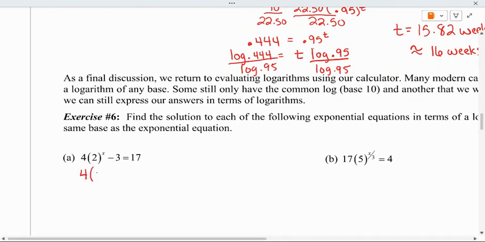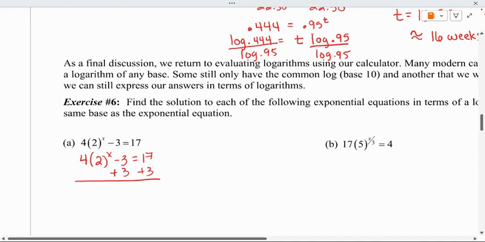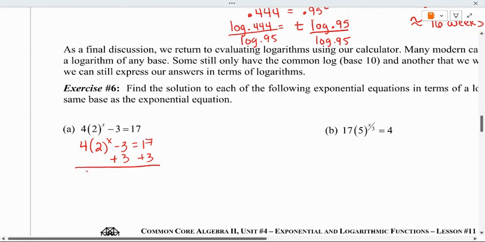4 times 2 to the power of x minus 3 equals 17. Well, the first thing that we want to do is add 3 to both sides. So this says 4 times 2 to the power of x equals 20.